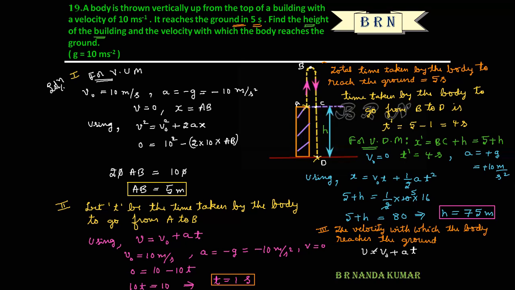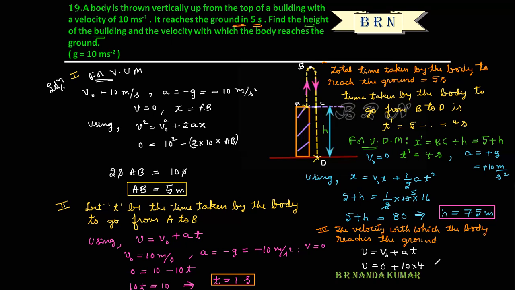For vertically downward motion, the initial velocity is 0 and A becomes plus G, so this is 10 into the time taken by the body to travel from B to D, that is 4 seconds.